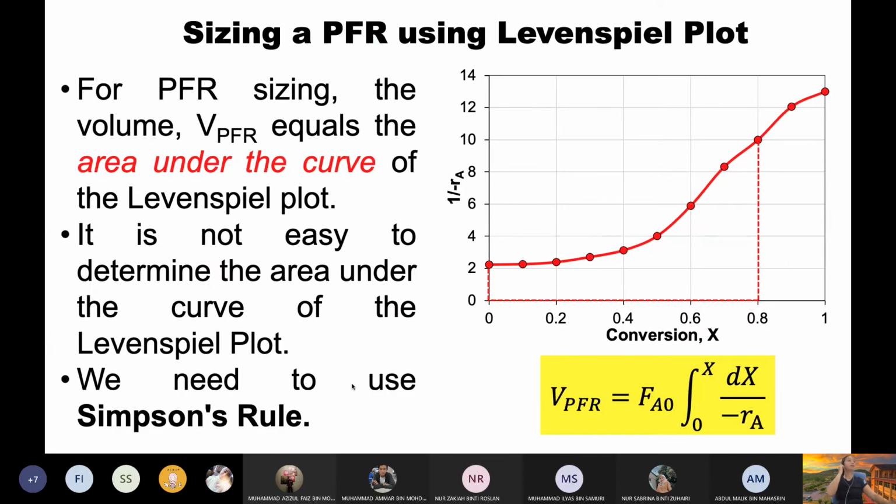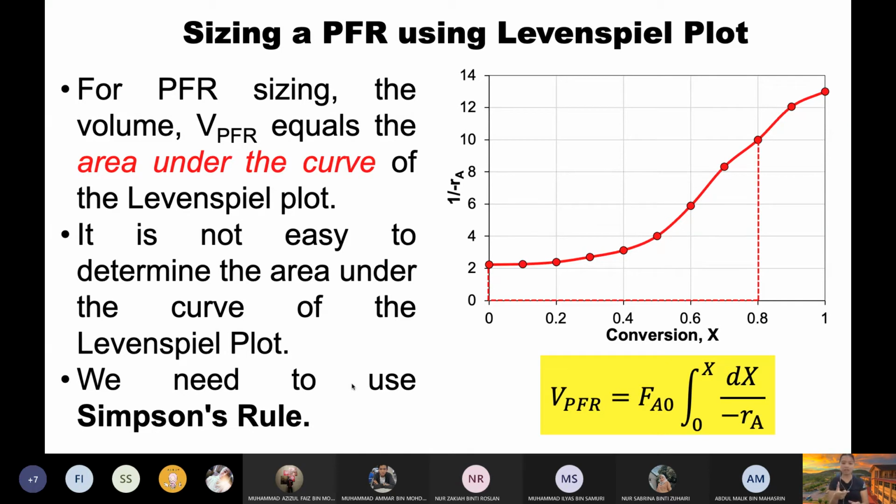Okay, right. So next one is PFR. We still have time. For PFR we can also use either one, either the table or the Levenspiel plot to find the volume. So just like the CSTR, for PFR we can also find the volume of the PFR using the table or using the Levenspiel plot.